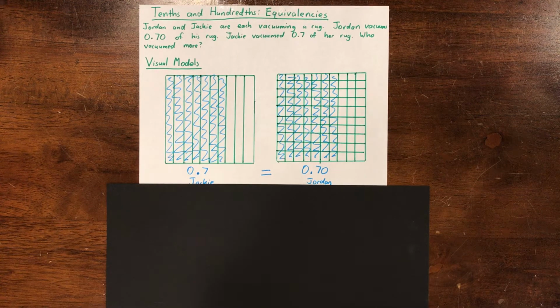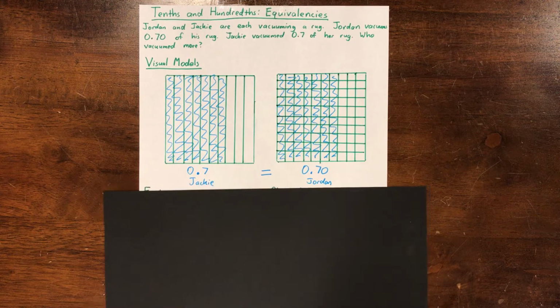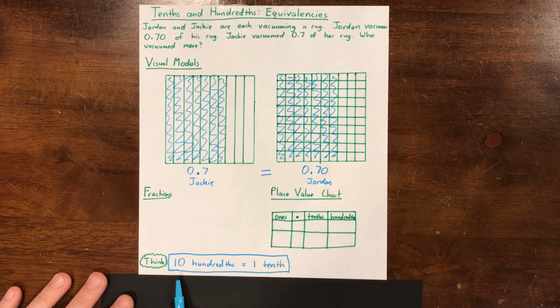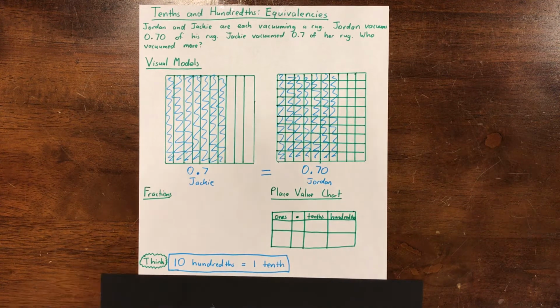Okay, so let's make sure we keep this key point in mind. Read it with me. Go ahead. 10 hundredths equals 1/10. How do you know that 10 hundredths equals 1/10? Say it out loud.